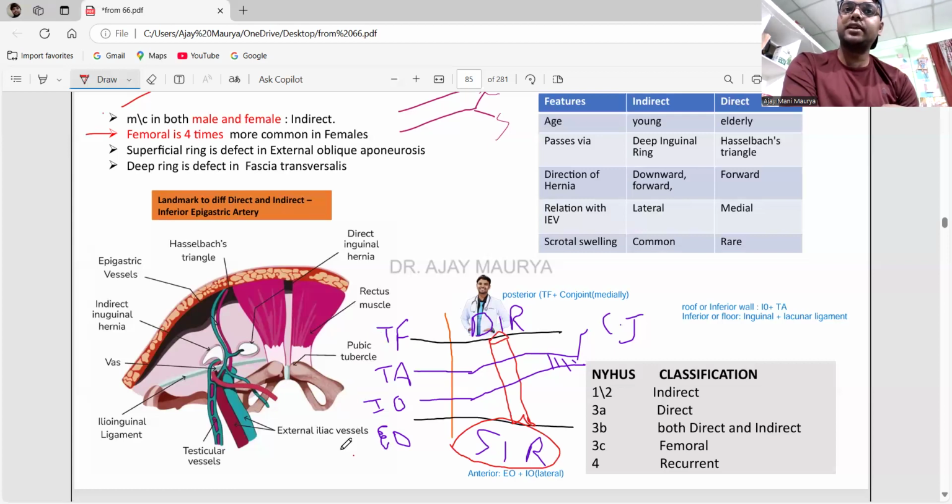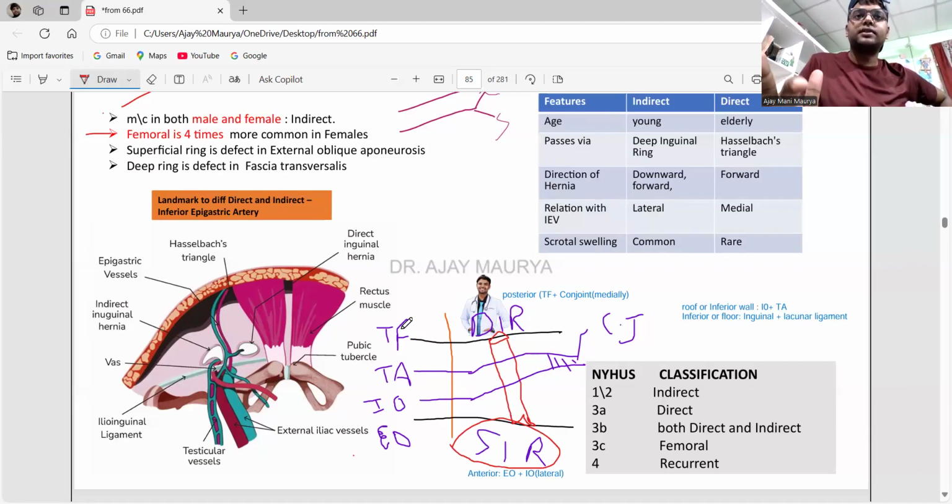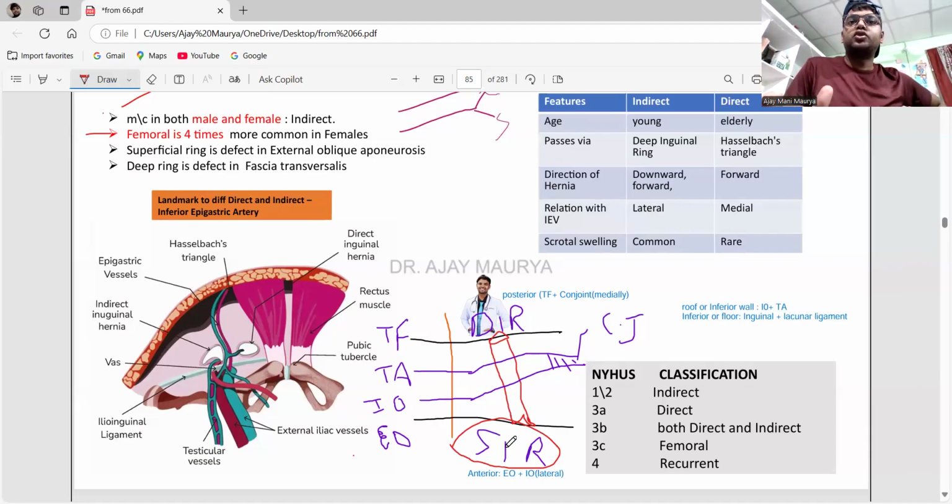Whenever there is a defect in the external oblique muscle, obviously there is a defect in the superficial inguinal ring. This is how they're going to ask the questions. Deep inguinal ring: transversalis fascia. Superficial inguinal ring: external oblique muscle.